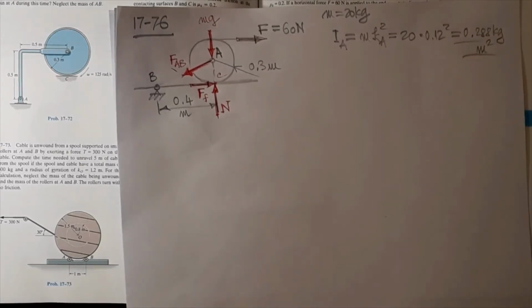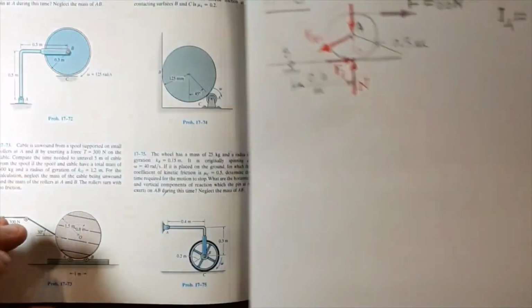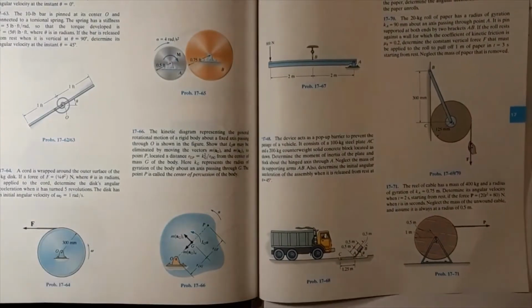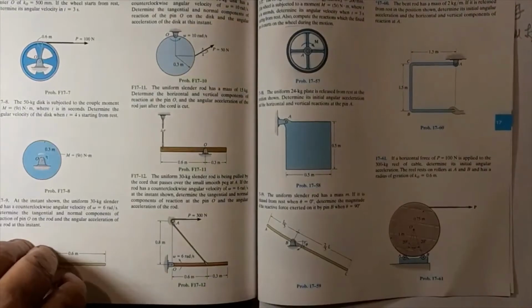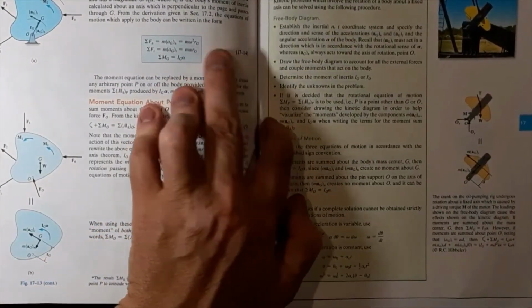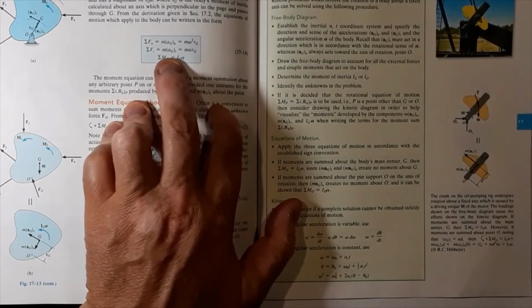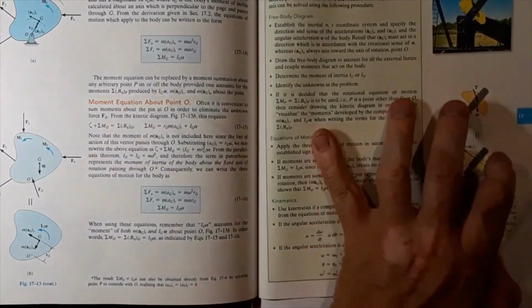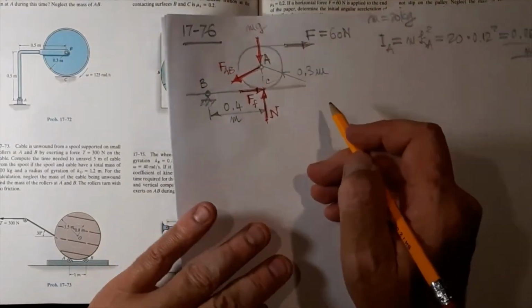Okay, we're going to use all three equations. We have a center of mass that is stationary. So we're going to use equation 17-14, where a_G in the normal and tangential directions is 0, or the sum of forces in the x and y directions, we can say.